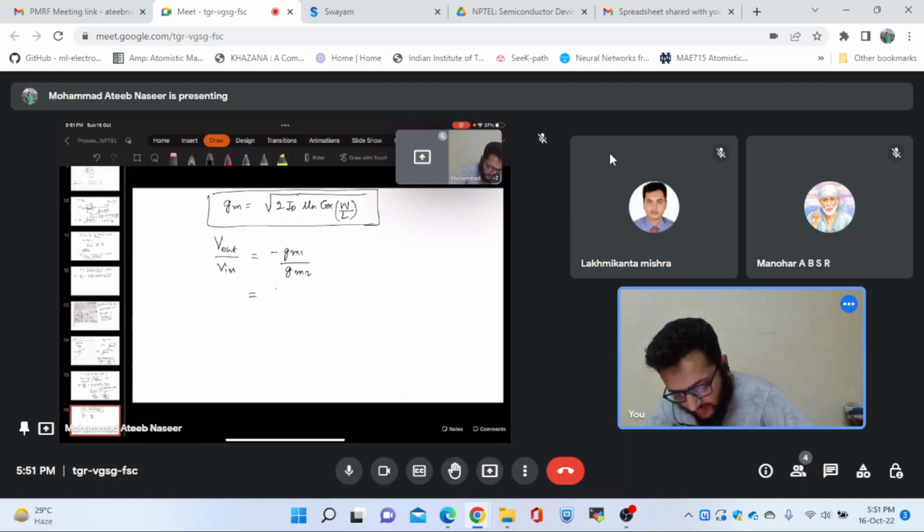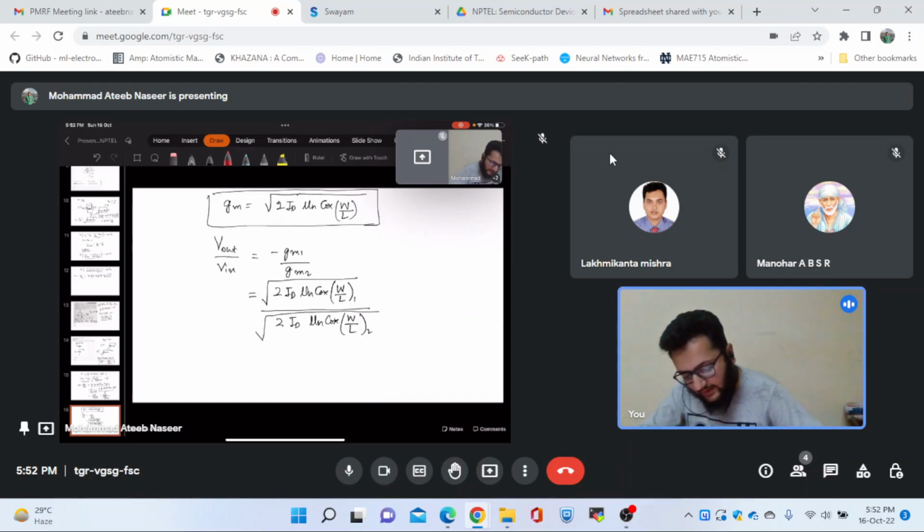Gm1 will simply be equal to the square root of 2 times ID mu n Cox W1 by L1. We did this because we knew that the current is the same. Similarly, for GM2 it is 2 ID mu n Cox W by L2.